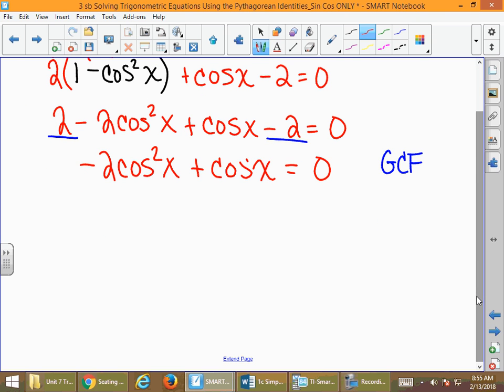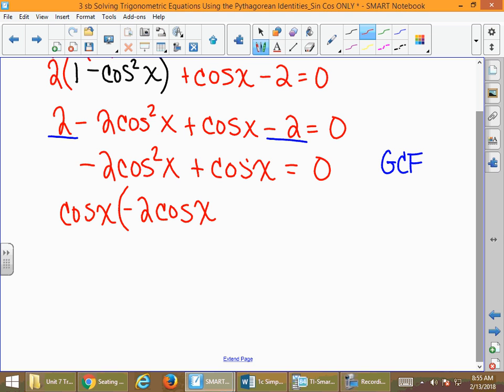Cosine squared means cosine times cosine. So our greatest common factor is a cosine of x. We're going to factor that out. We had 2 cosines. We took one of them out, so now we only have 1. Notice, cosine of x times cosine of x is cosine squared. Don't lose your negative.